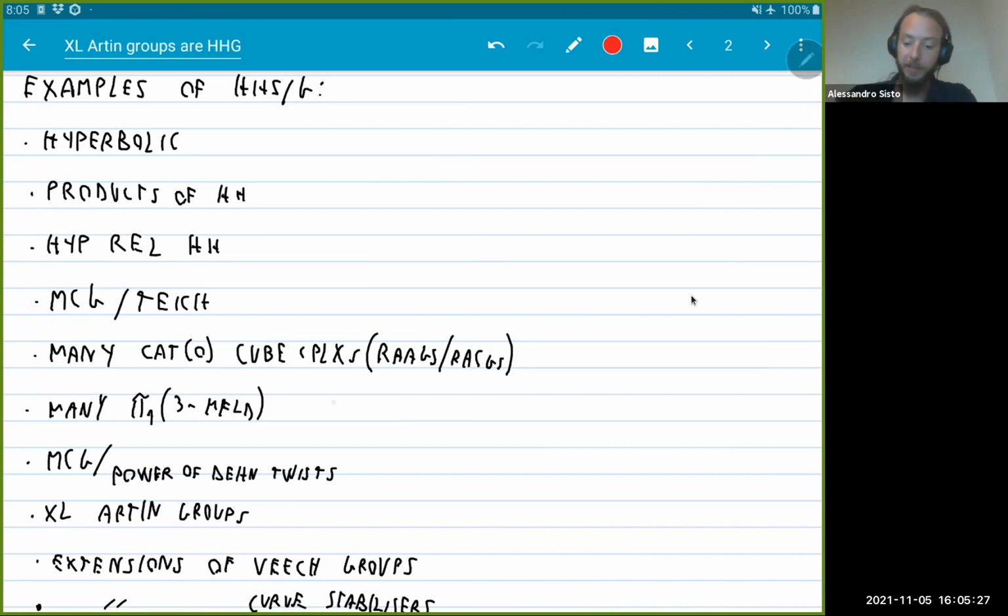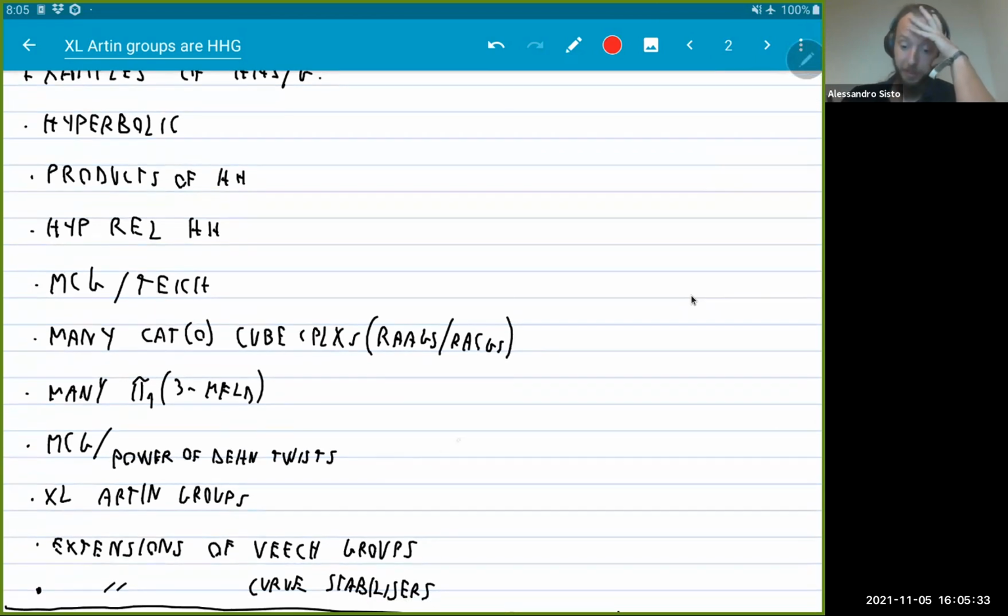But then there are many other examples, lots of fundamental groups of three-manifolds. And in the last year or so, more additions to the list have been made. If you mod out large powers of Dehn twists in the mapping class group, you get an HHS. XL Artin groups, which is what we're going to talk about today.